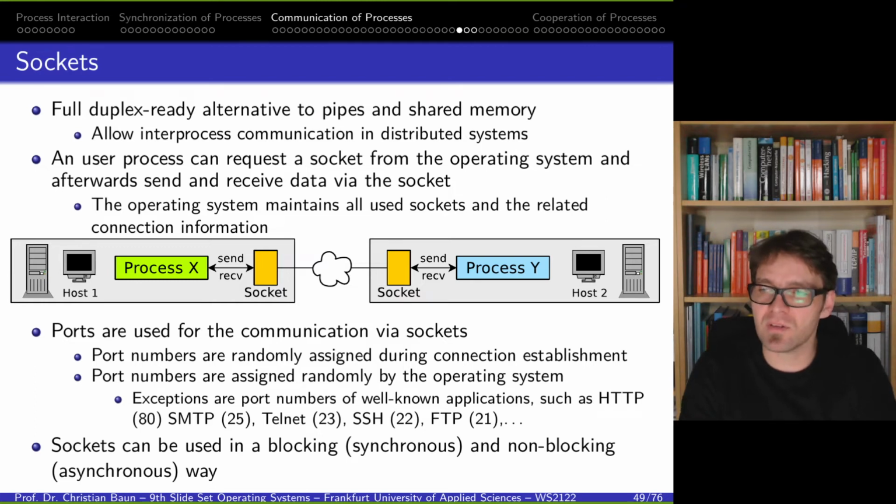Sockets can be used for inter-process communication inside a system, but also for cross-system communication. It's full duplex capable, so you can send and write by using the same sockets.